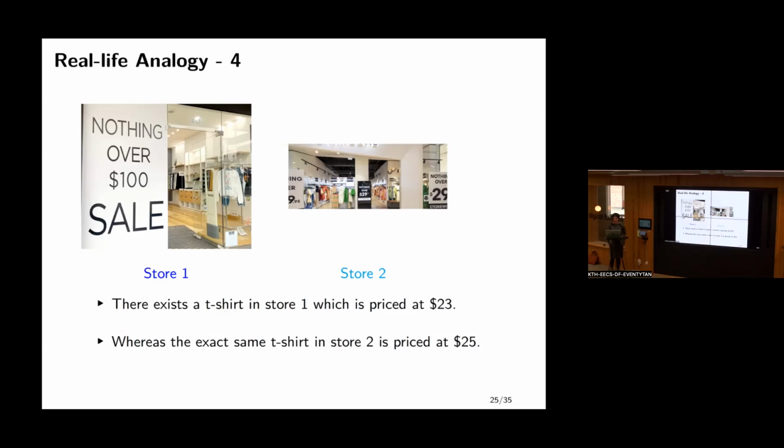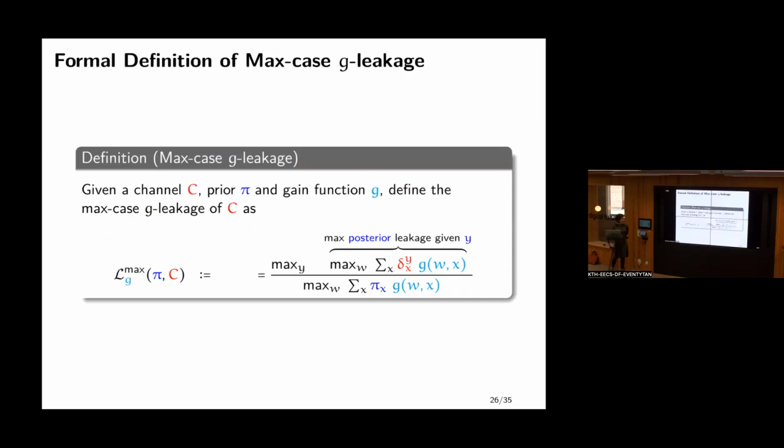So let me see. The rest becomes a little bit technical, but don't worry about the details. The purpose is not to understand this formula, but to say that there exists a formal definition of max case leakage, where, very broadly speaking, the denominator is the prior leakage and the numerator is the posterior leakage in the maximum sense.